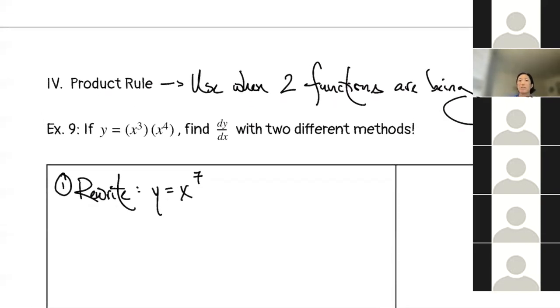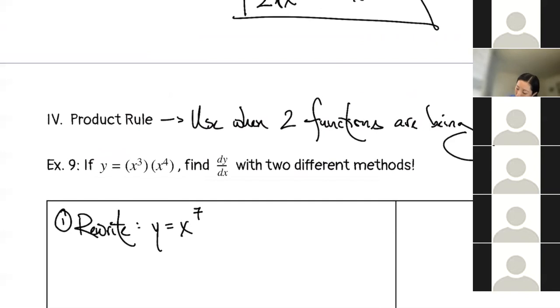When would I multiply? What would it look like if I wanted us to get x to the 12th? Yeah, like a power to a power.